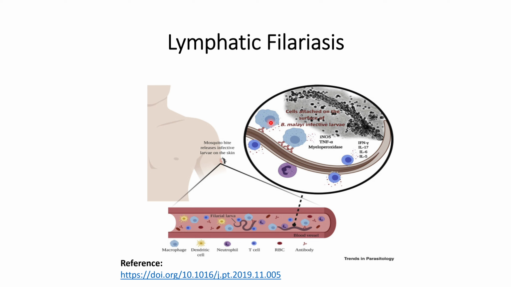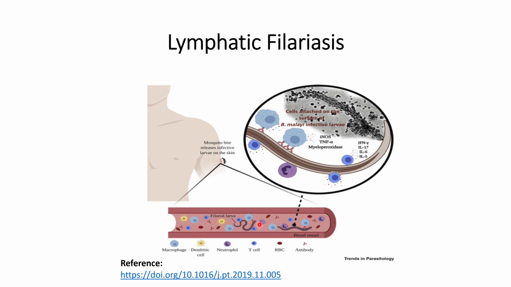So whenever the person gets infected with this larvae, the antibodies that are already present will bind to those larvae, as shown here. This represents the T cells, this represents the macrophage, and this represents the neutrophil, shown in a zoomed view of the skin part.